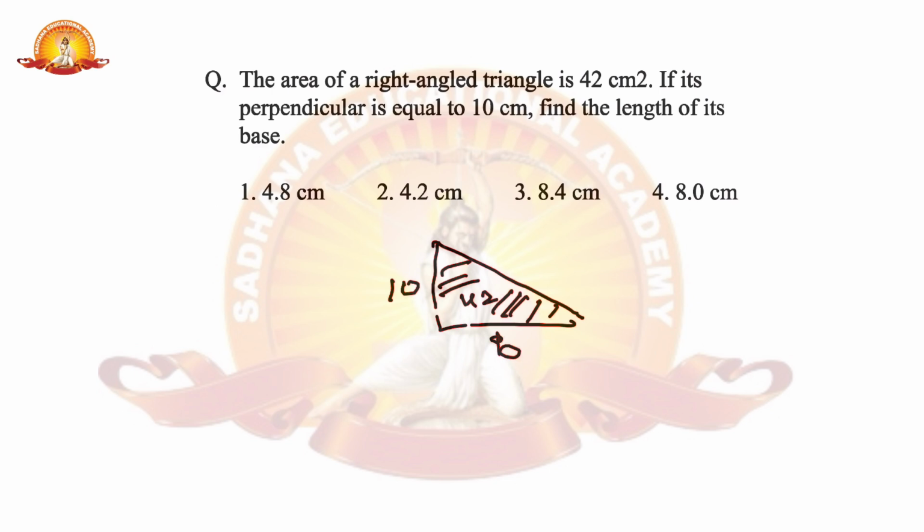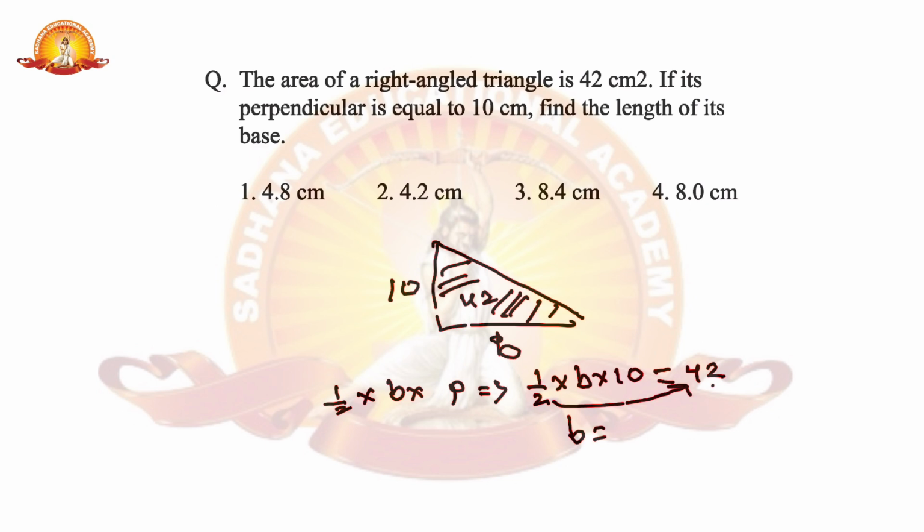We know that the area of a right angle triangle is equal to half base into perpendicular. Therefore, half base times 10 centimeters is equal to the total area, given as 42. Base is equal to 42 times 2, which is 84, divided by 10, giving us 8.4 centimeters as the base.